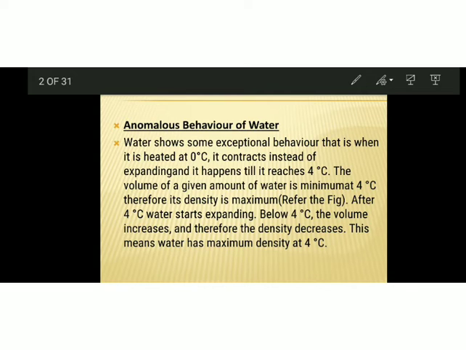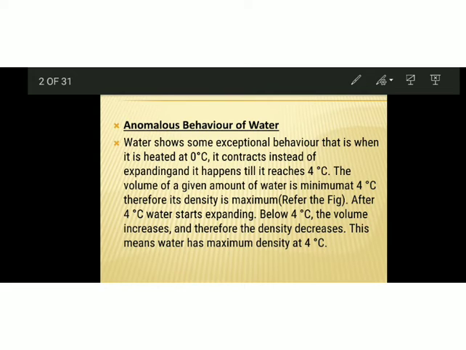Generally the volume of a liquid increases with temperature, but in the case of water, when it is heated, its volume starts to decrease from 0 degrees Celsius and reaches a minimum at 4 degrees Celsius. That means when the temperature increases from 0 to 4 degrees Celsius, the volume of water decreases and reaches a minimum at 4 degrees Celsius.